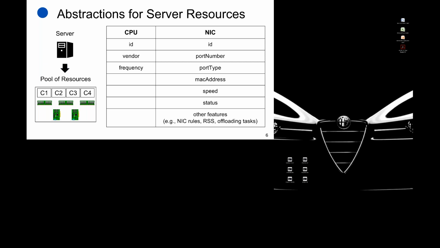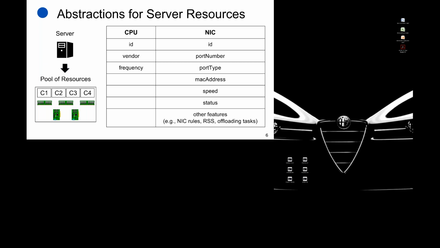Network cards are particularly interesting in this case because from a management point of view, there are similarities to the ports of a regular switch. So just like an OpenFlow port, a network card has its own ID, number, type, MAC address, and so on. And it also allows to install rules that look like OpenFlow rules with match action fields.